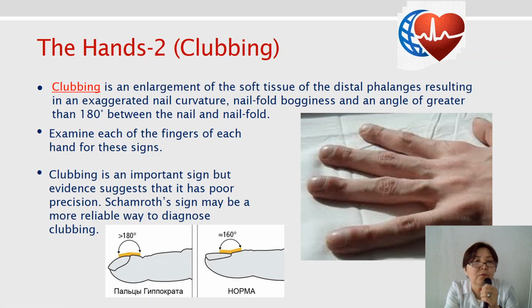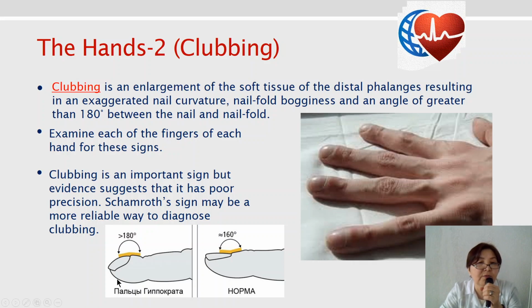Then examine for clubbing. Clubbing is an enlargement of the soft tissue of the distal phalanges resulting in an exaggerated nail curvature, nail fold bogginess, and an angle of greater than 180 between the nail and nail fold.